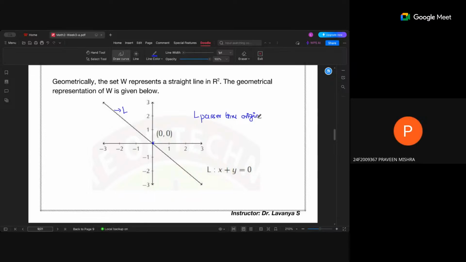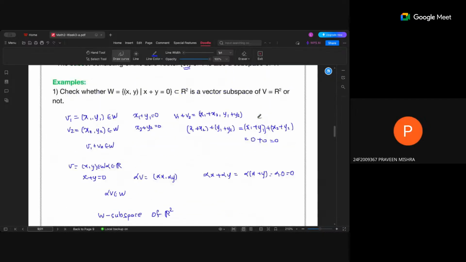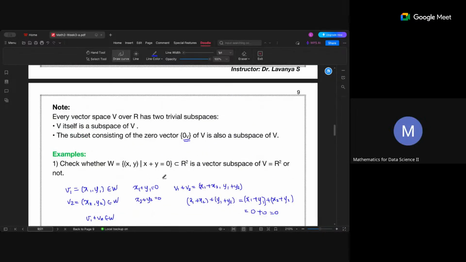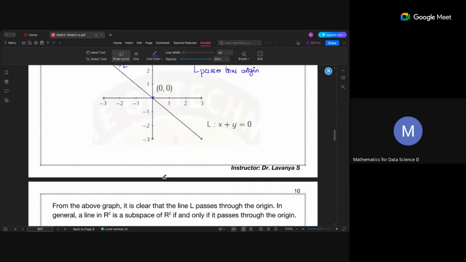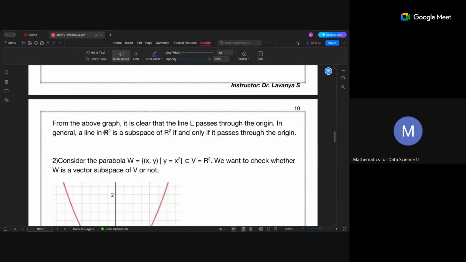Then the set of all vectors for which x plus y equals 0 becomes a subspace of R2, which is what we just proved here. So from the above graph, it is clear that L passes through the origin. In general, a line in R2 is a subspace of R2 if and only if it passes through the origin.